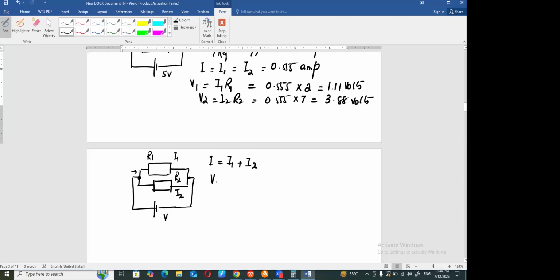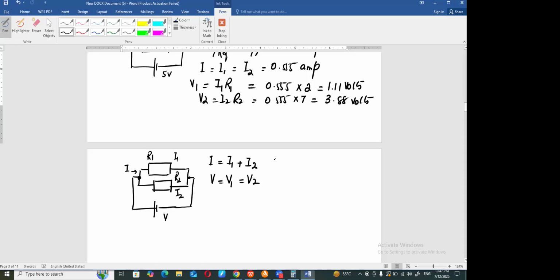So in a parallel circuit, V is equal to V1 is equal to V2. So what exactly happens in the parallel circuit is the current I that is coming out of the battery is divided amongst the resistances which are connected in parallel, and the voltage is the total voltage of the battery, which is equal to the voltage across each resistance.